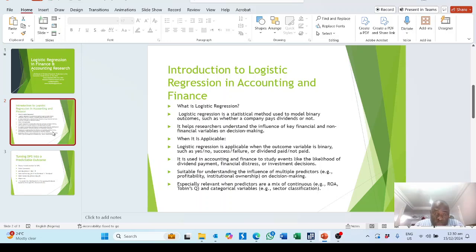In this case, we will be looking at the influence of profitability, institutional ownership, and firm size, among other variables, on the decision whether to pay dividend or not. It is especially relevant when predictors are a mix of continuous variables and categorical variables. Continuous variables like return on assets and Tobin Q, and categorical variables like sectoral classification.